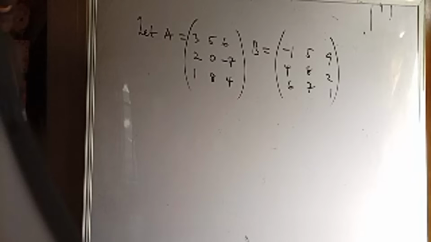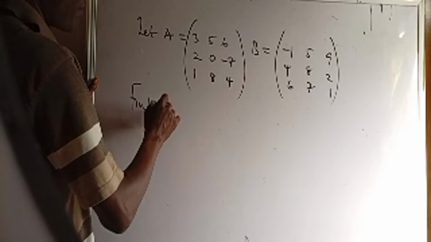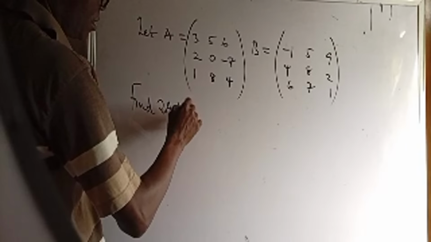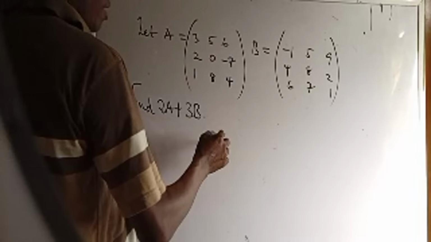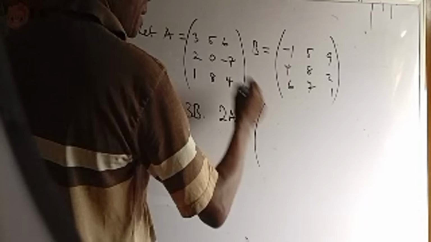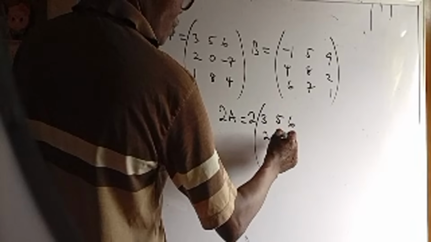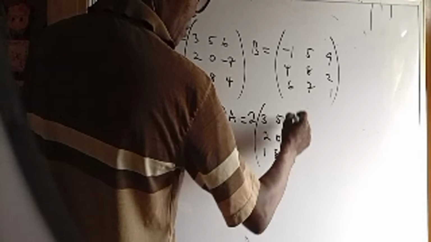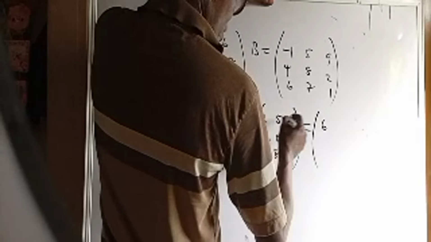Now, suppose the question says find 2A plus 3B. So 2A here, 2 is a scalar. That will be 2 multiplying 3, 5, 6, 2, 0, minus 7, 1, 8, 4. You multiply everything by 2. So 2 times 3 is 6, 2 times 5 is 10, 2 times 6 is 12.